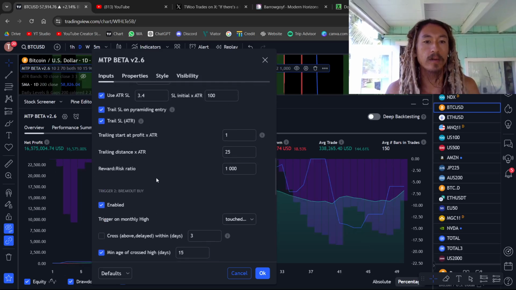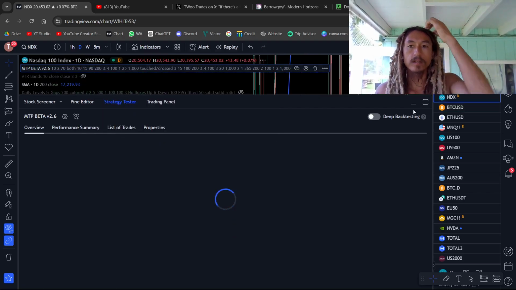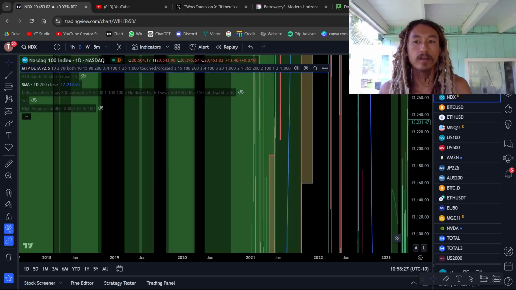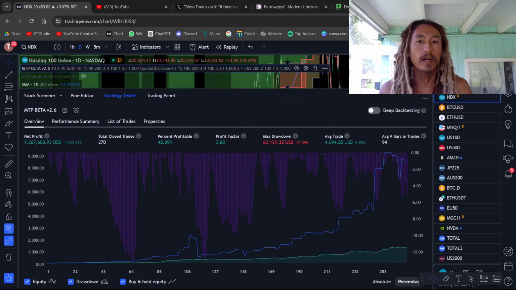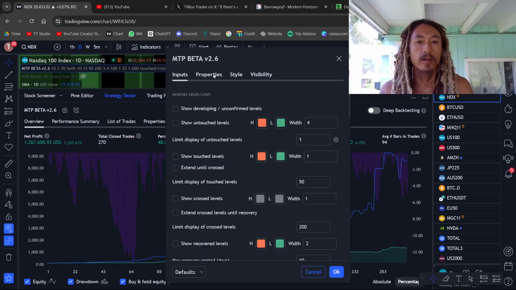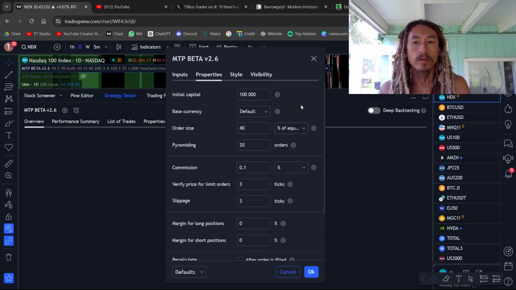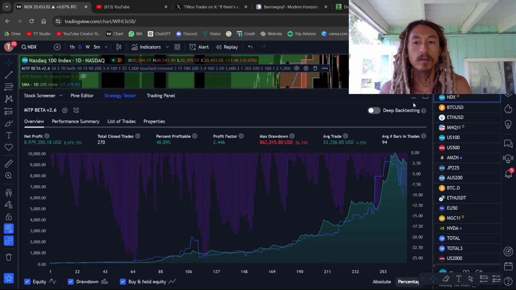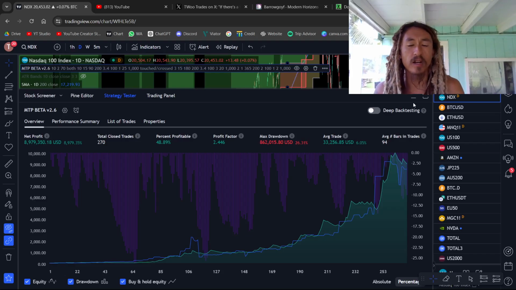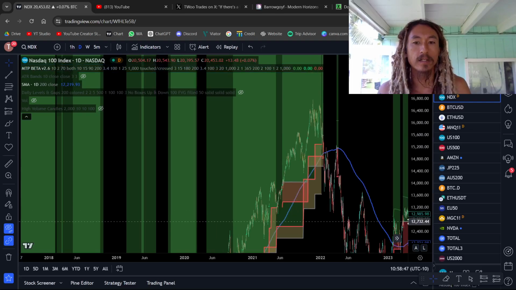Right. The thing is though, if we have the SMA filters, so it seems like it matters. Right, 13% drawdown. Turn this up. 26% drawdown compared to a 90% drawdown is pretty crazy.